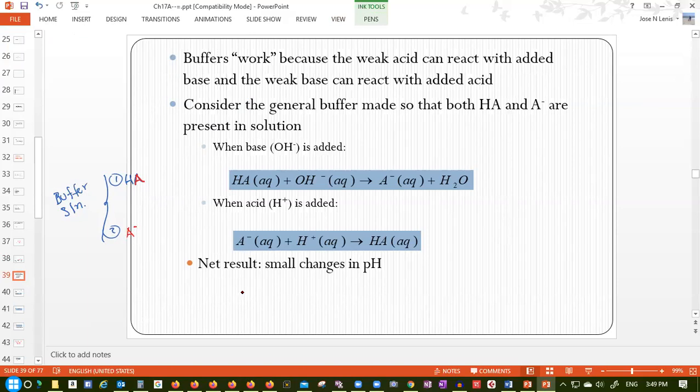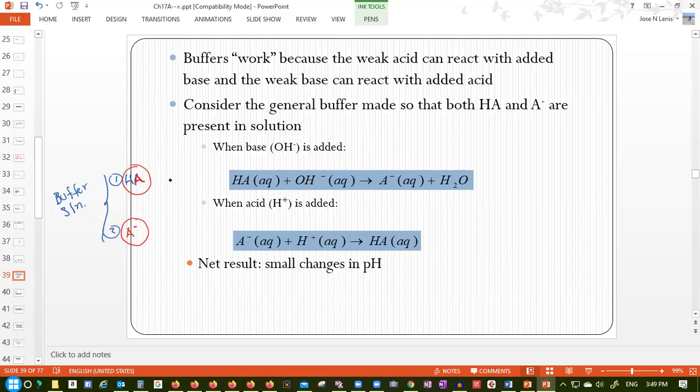I have to insist many times about the composition of the buffer. Again, your buffer solution must have these two components, the weak acid and the salt of the weak acid, which is that one, from a different source.